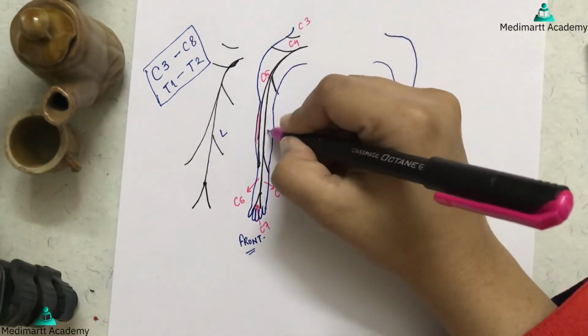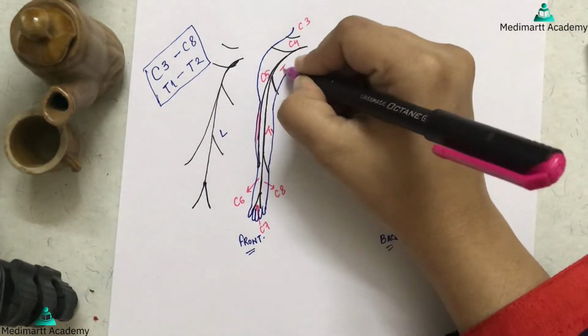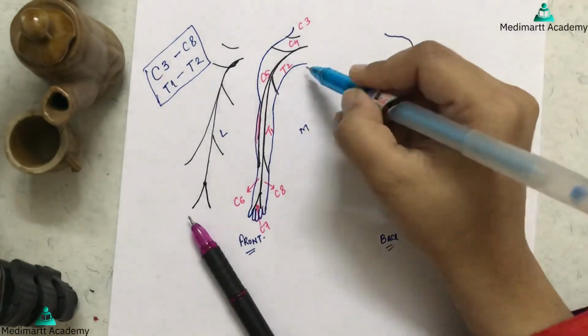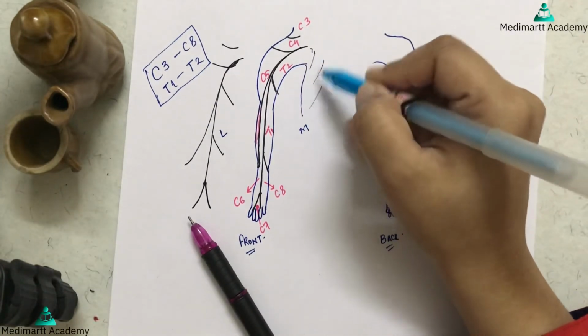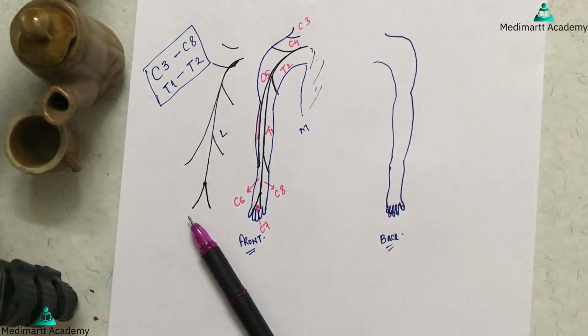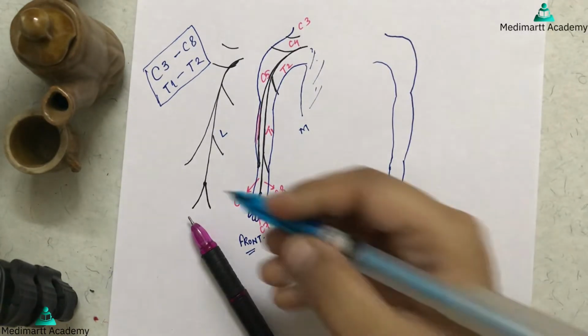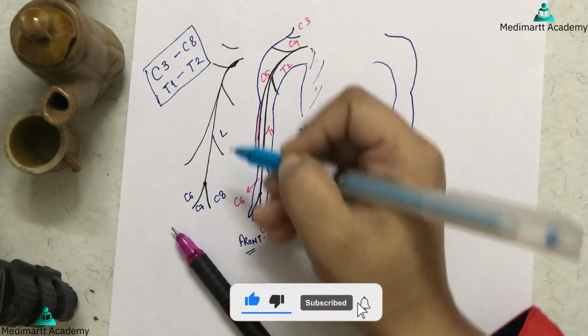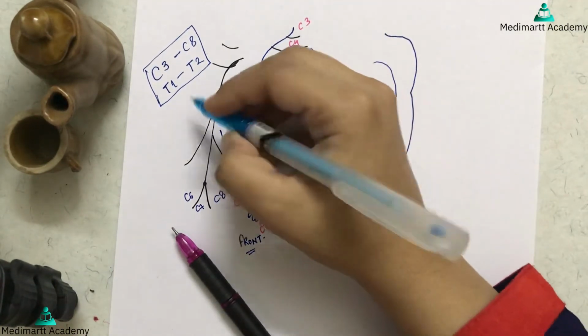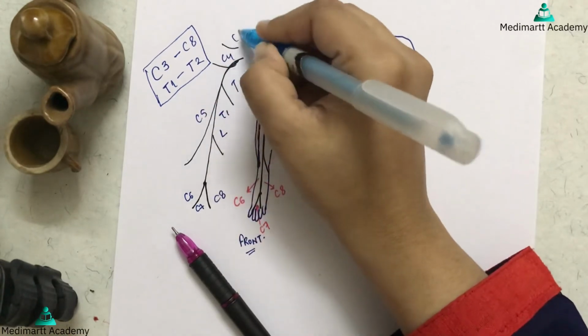Above cervical 8 what will be there? Thoracic 1, thoracic 2. Then obviously here we will have our body and thorax region, so thoracic 3, 4 like this will come. I'll label over here also 6, 7, 8, then T1, T2. Here will be 5, 4, 3.